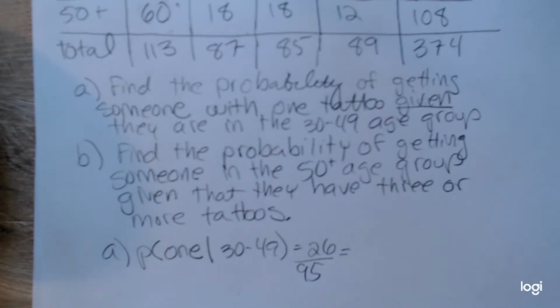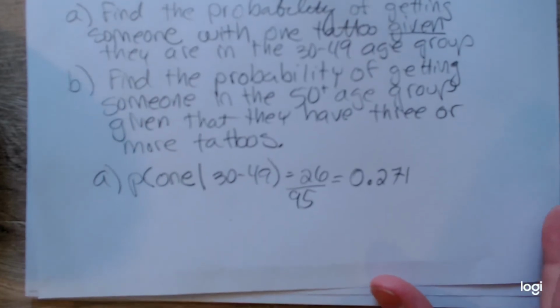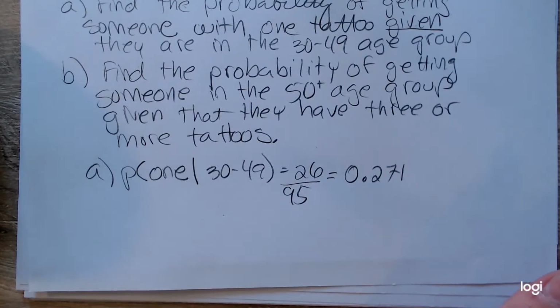And converting that to a decimal and rounding to 3 decimal places, I get 0.271. So you have about a 27% chance of randomly selecting a person with one tattoo given that they're in that particular age group. And again, 0.271 is a valid probability because it is a value that falls between 0 and 1 inclusive.